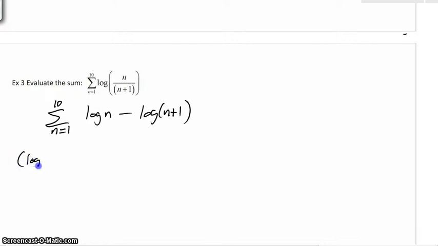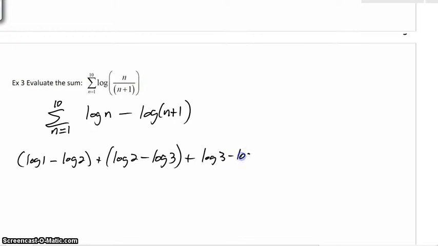This becomes the log of 1 minus the log of 2. Plug in a 2, you get log of 2 minus the log of 3. Hey, let's plug in a 3, log of 3 minus log of 4. Hey, do you think we need to go and write every one of these terms out? Nope.